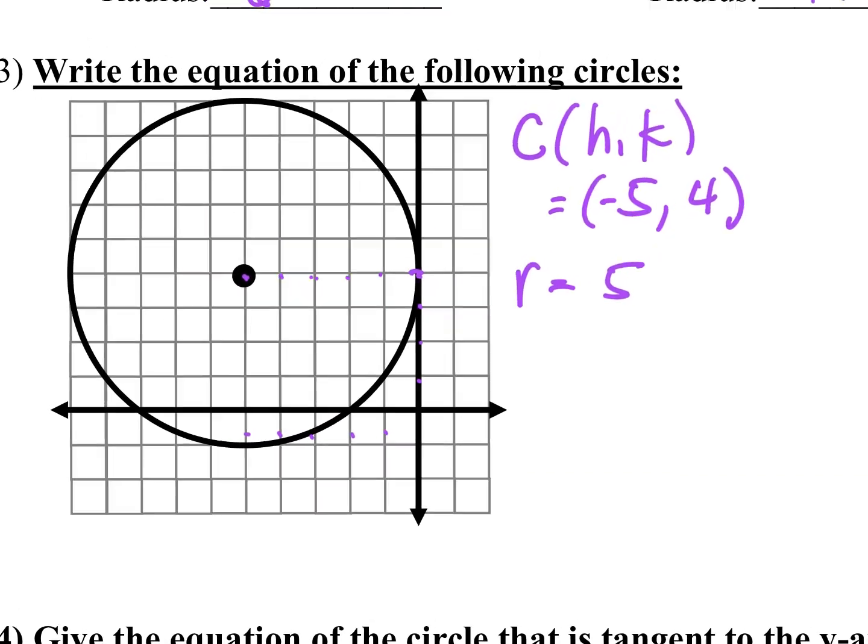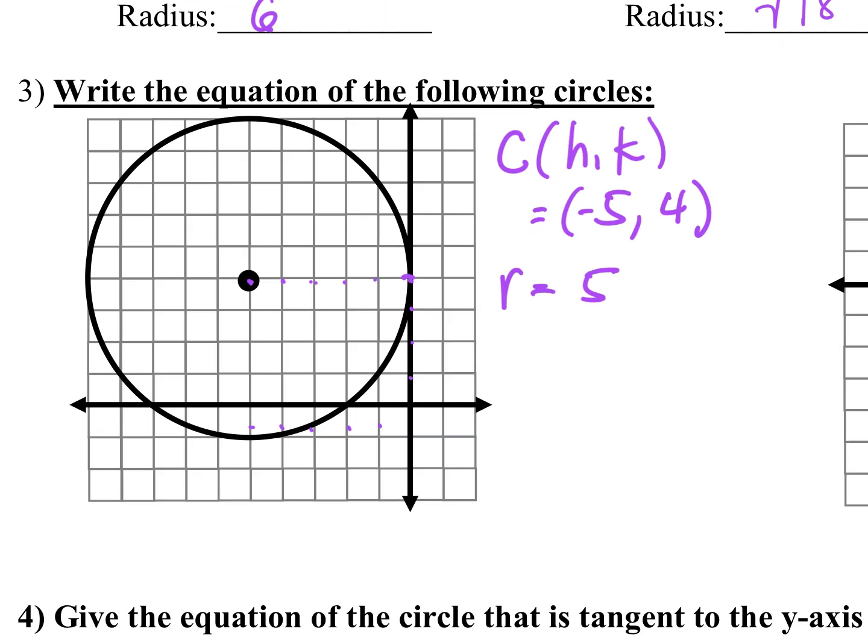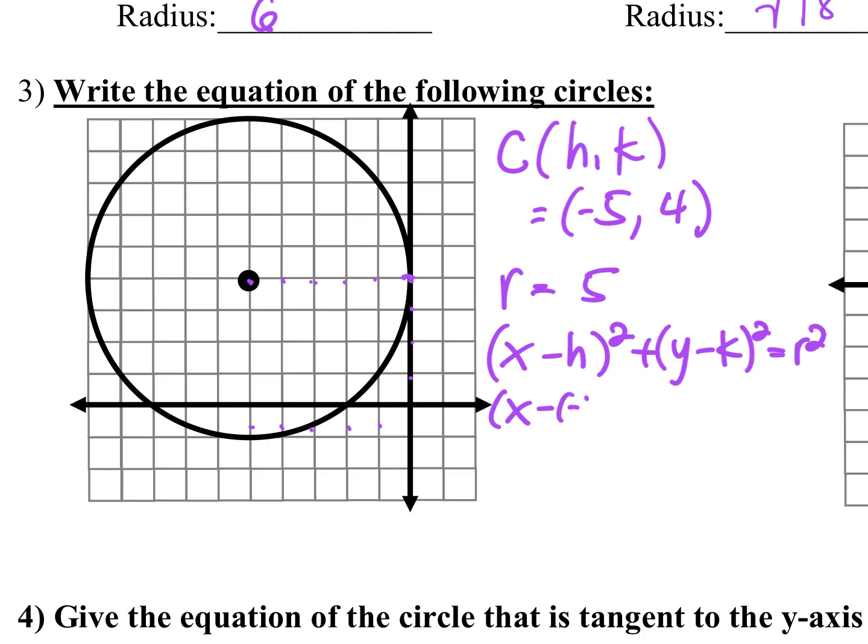So if I'm going to create its equation, the equation now is going to be x minus h squared plus y minus k squared is equal to r squared. Okay, fill up the h. That's gonna be x minus 5 squared plus y minus 4 squared is equal to 5 squared.